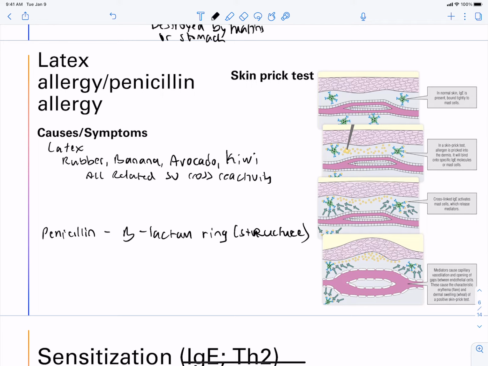And so this ring is shared with penicillin, amoxicillin, cloxacillin, cephalosporins, and all of these can cause anaphylaxis.